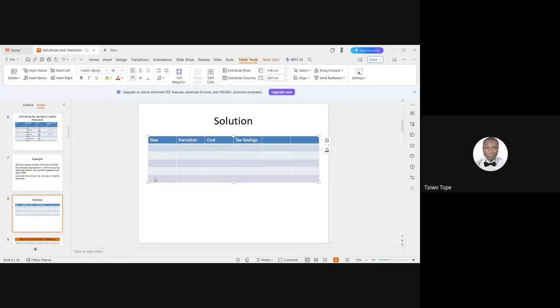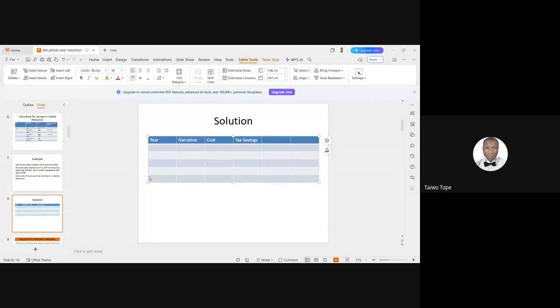So 25% in 100, how many times will you get it? 4. So when you are doing reducing balance and they tell you 25% on reducing balance method, it shows that the number of years will range from year 1 to year 4.